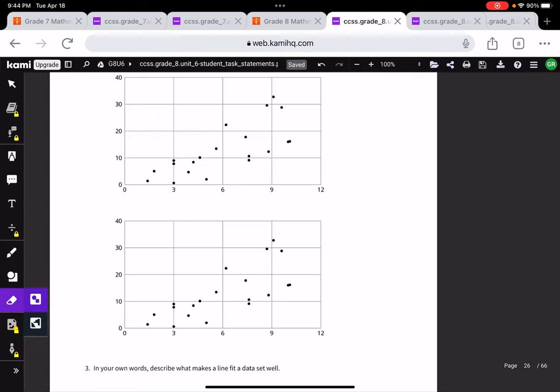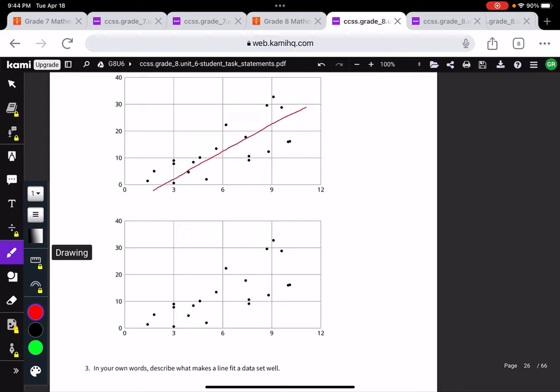So let's try drawing a few. Something like that, I'm just going to do by hand. Maybe that's a good association. Maybe it should be more like that. That's slightly different. So in your own words, what makes a line fit the data set?